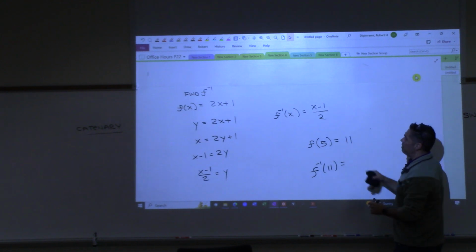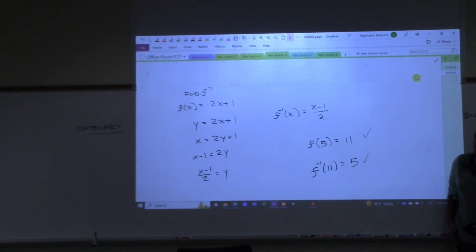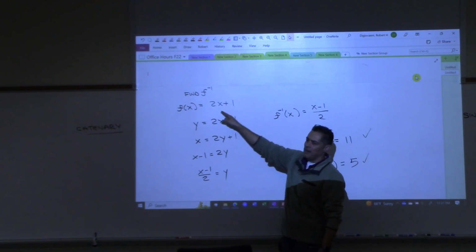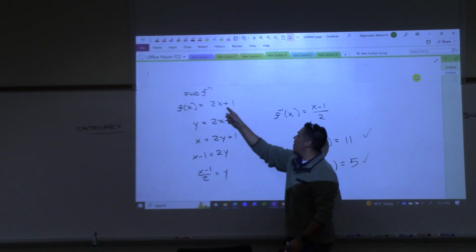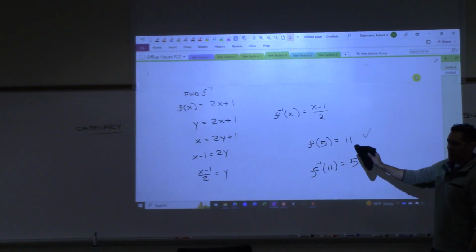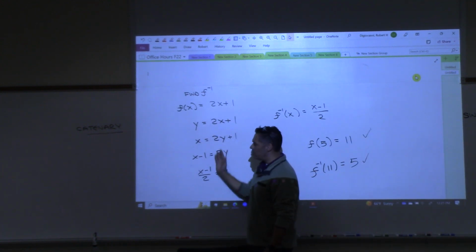So plug 11 in there. What do you get? 5. Okay, check. It worked for one value, so I'm kind of happy about it. I'd have to check every value, which is impossible. So what we do to check it for sure is we do composition. We plug this into that, and we should get x. If we get x, then it works. All right, that's the method, right? Replace f of x with y, switch x and y, solve for y, you're done.